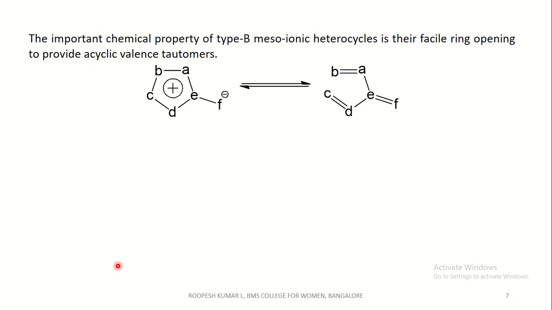The important chemical property of type B mesoionic heterocycles is their facile ring opening to provide acyclic valence tautomers.